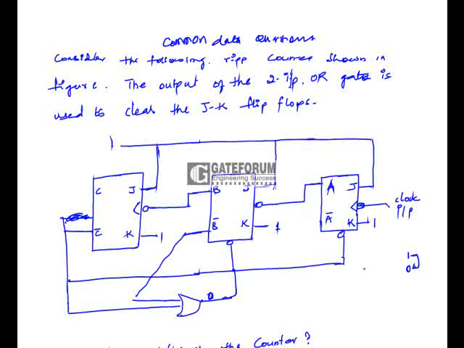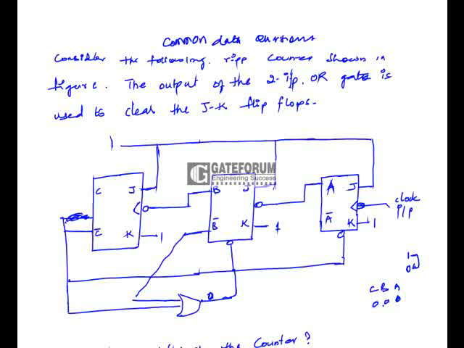So now let us take the starting state as 0 0 0. As J and K are connected to 1, the next state would be the complement of its previous state.